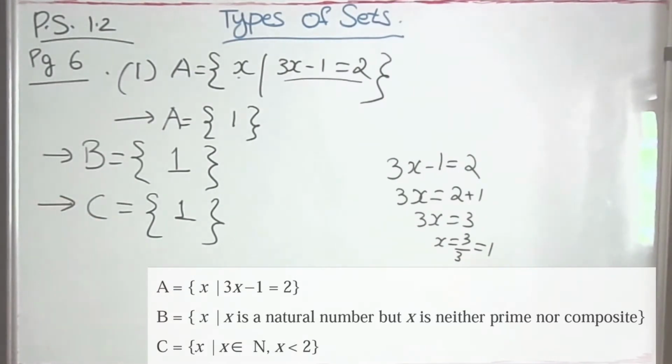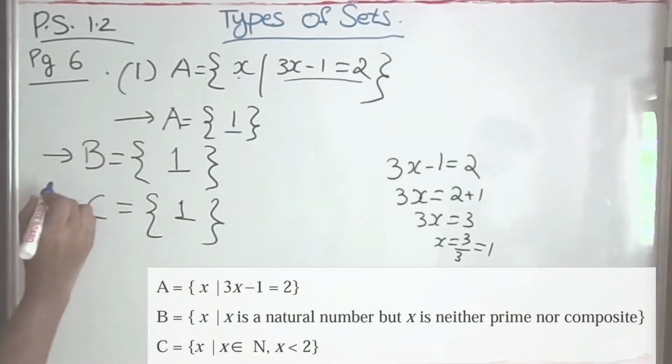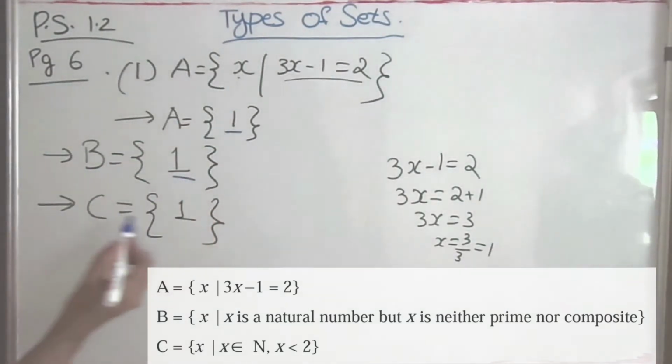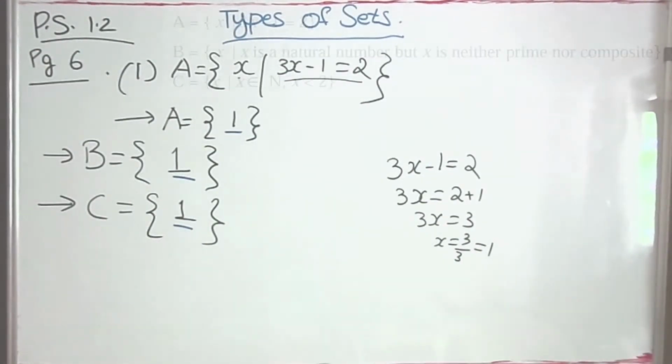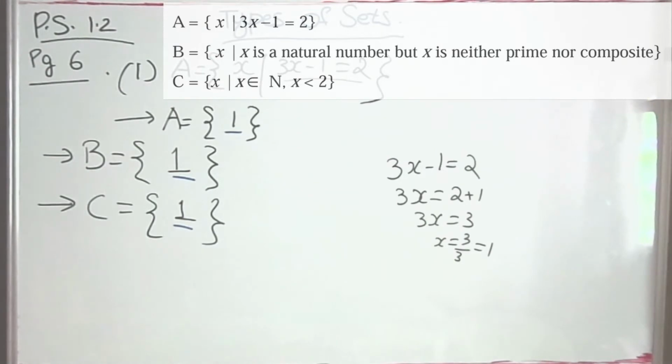Can you see the elements of A, B and C? What is the element contained in A? 1. Element contained in B? 1. Element contained in C? 1. All of them are containing the same elements. So they can be called equal sets.